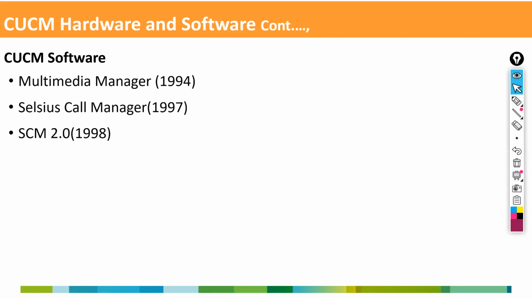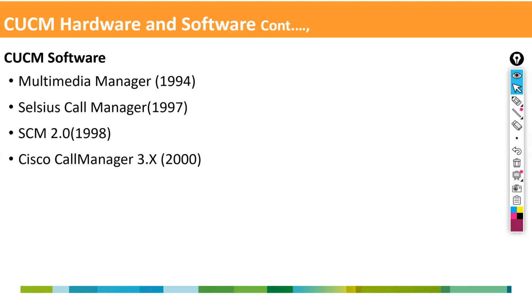Okay. Cisco's only product is router. Router is the only product Cisco manufactured. All others, whatever they have now, are not their product. They have acquired these companies. Similarly, Selsius is the company that developed this call manager and everything. So later, Cisco acquired it, then they renamed it as Cisco Call Manager.